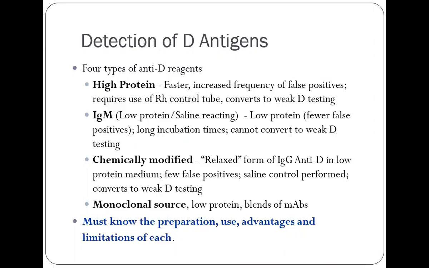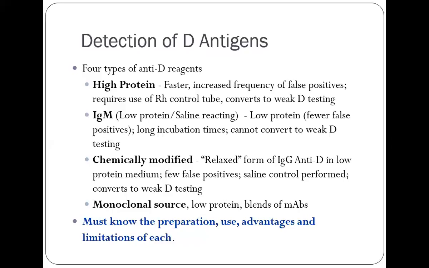So there's 4 different types. We talked about how there's a reagent antisera that we can use. Well, specifically, there's 4 different types of anti-D reagents. There's high protein, there's IgM, chemically modified, and a monoclonal source. So the high protein reagent is faster, it has increased frequency of false positives, and it requires the use of an Rh control tube, and it can convert to weak D testing.